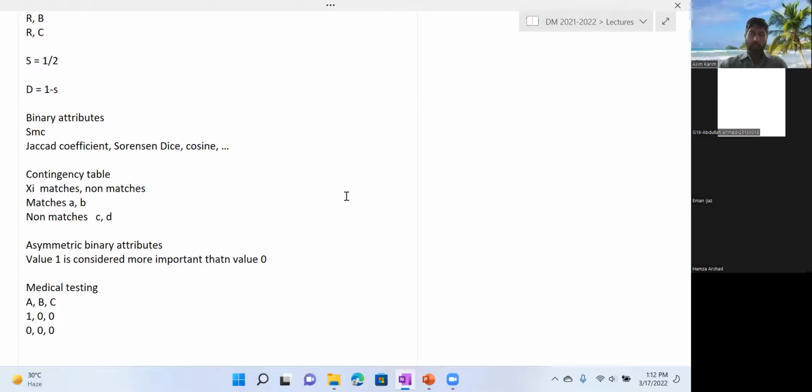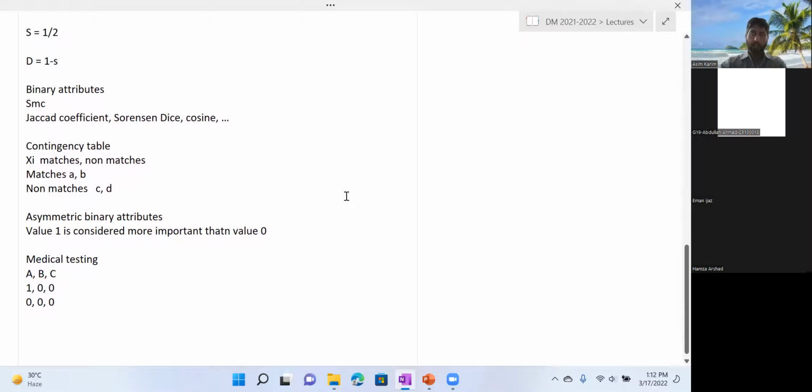So in this case, if we want to compute the similarity, we do not count the similarity of 0 and 0. Actually, in this case we would be computing dissimilarity. Dissimilarity here would be the one that you saw, a different 1 and 0, over 3.